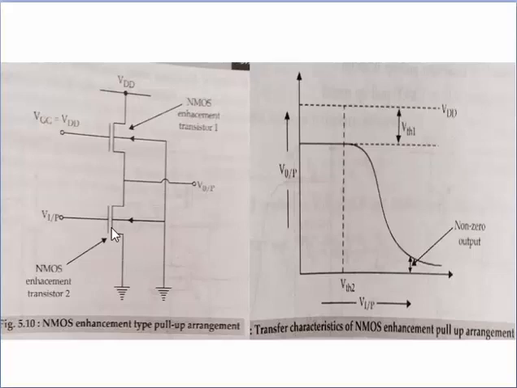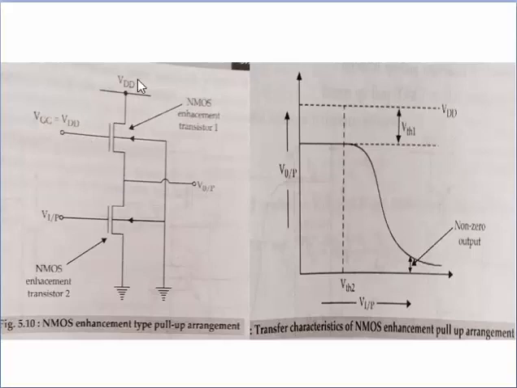The important features of this arrangement are, first, dissipation is high because current flows when V input is equal to 1. We have also seen in the previous case, when we used the depletion mode transistor, that if VGS is positive, then current flows and the gate voltage is more positive than the source.